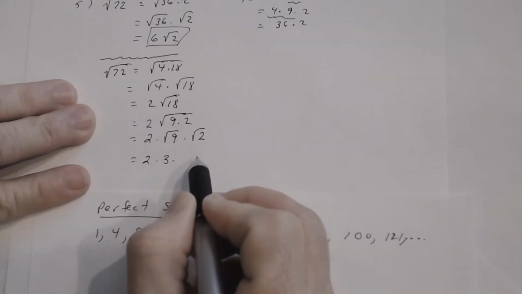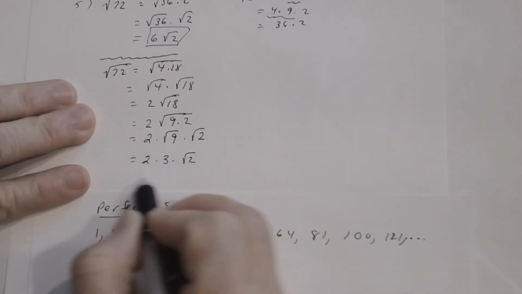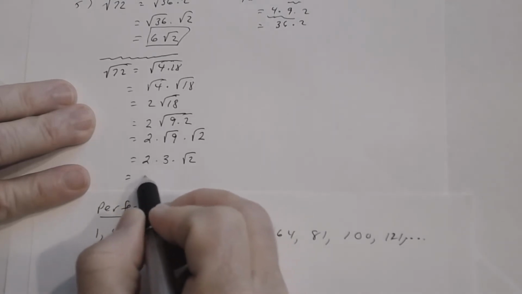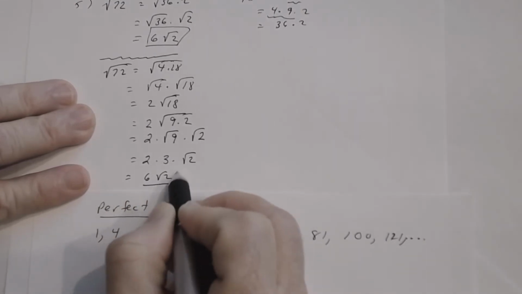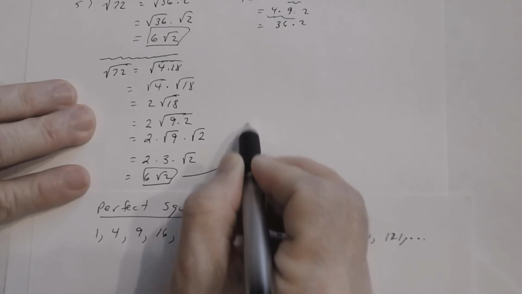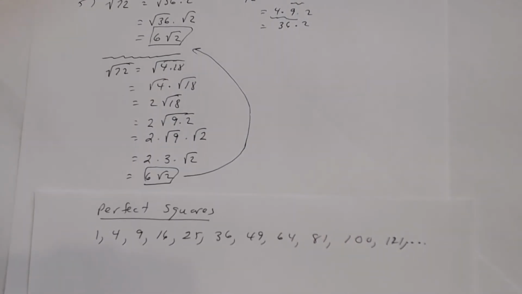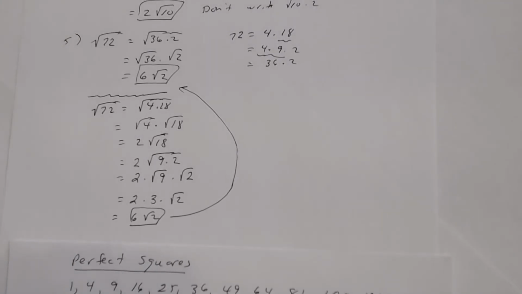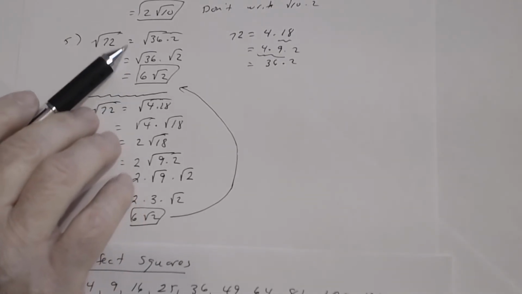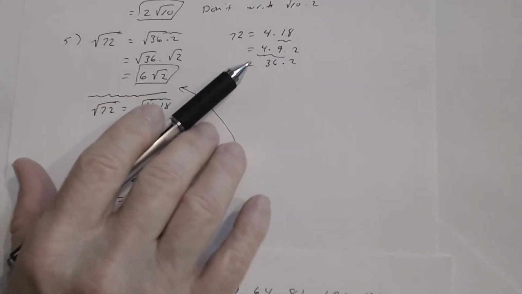I cannot simplify the square root of 2, so that stays the square root of 2. And then 2 times 3 is 6. You get 6 square root of 2, which is what we had here. So notice, guys, how much easier it is to have used the largest perfect square first.